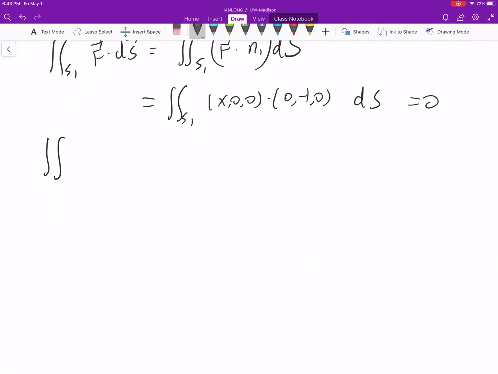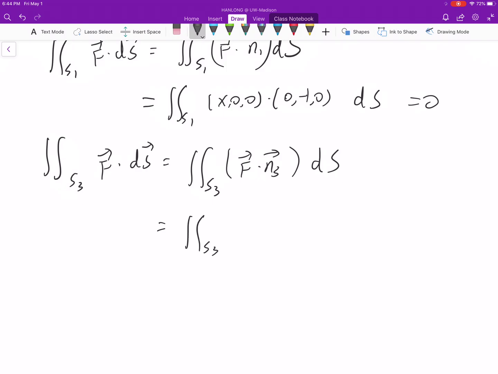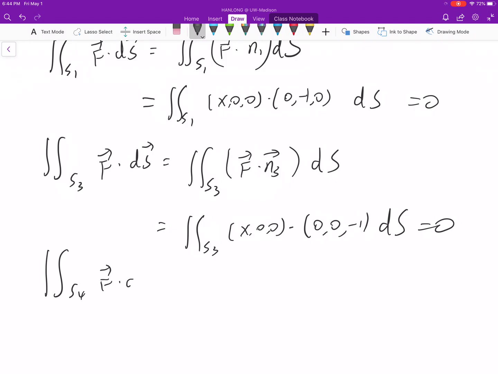And similarly, S3, because S3 is the bottom, you will have the same thing: x, 0, 0 dot 0, 0, -1 dS, which is 0. And also S4, it's 0.